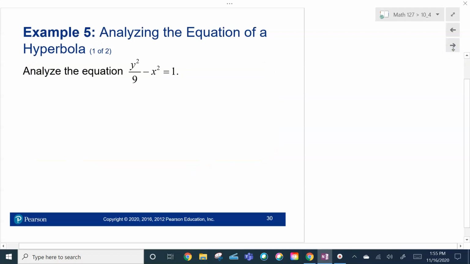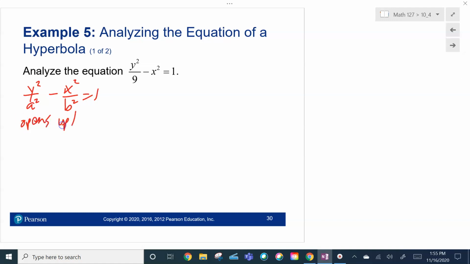Let's analyze this equation. We've got y squared over 9 minus x squared equals 1. So it's in the form y squared over a squared minus x squared over b squared equals 1. So I know this thing opens up-down. The transverse axis is vertical, in other words.